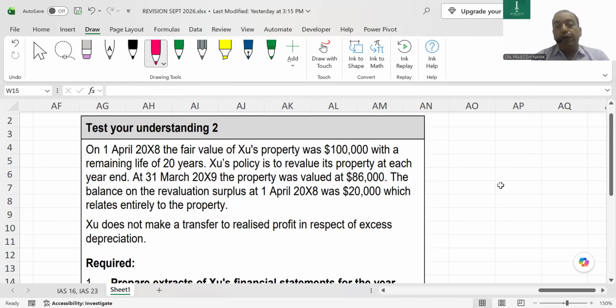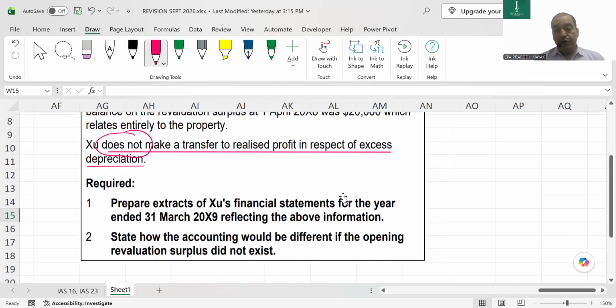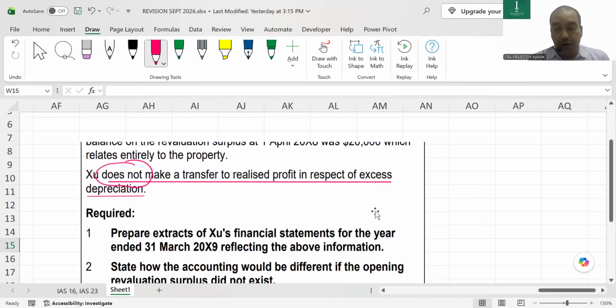Zoo does not make a transfer to realized profit in respect of excess depreciation. You are asked to prepare extracts of the financial statements for the year ended 31st March 20x9, reflecting the above information. State how the accounting would be different if the revaluation surplus did not exist.